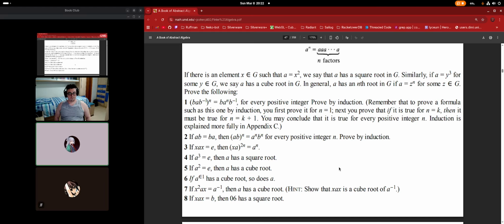Wait, repeat that. I got your point that a is equal to the inverse of a squared. Yes, a is equal to the inverse of a squared, right? Good so far.